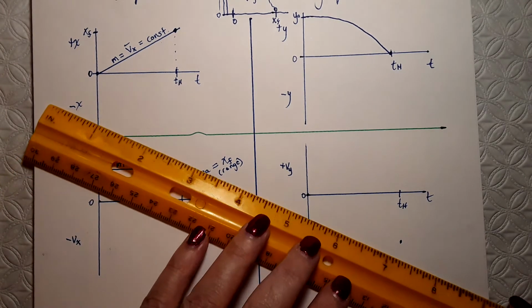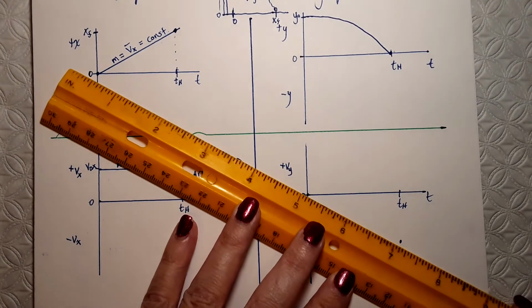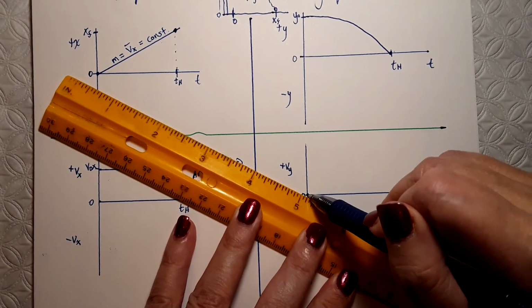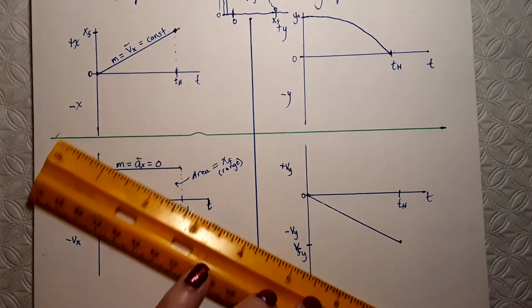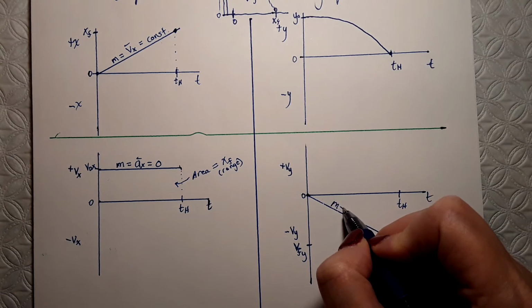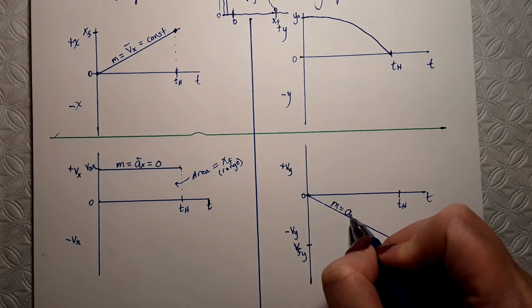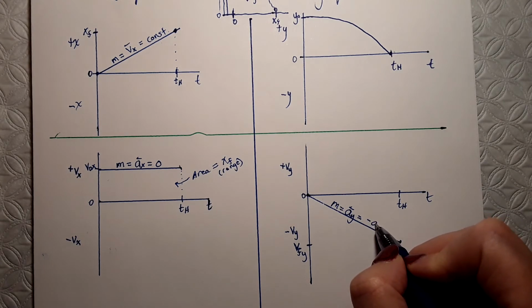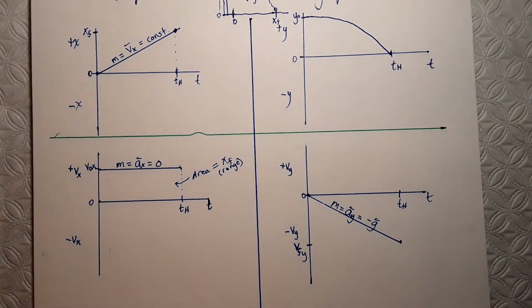So our slope should have a value of negative 9.8. It should be a uniform slope to show uniform acceleration. So right here, the slope equals the acceleration in the y-plane, which is negative g, or if you will, negative 9.8 meters per second squared, because it's due to gravity.